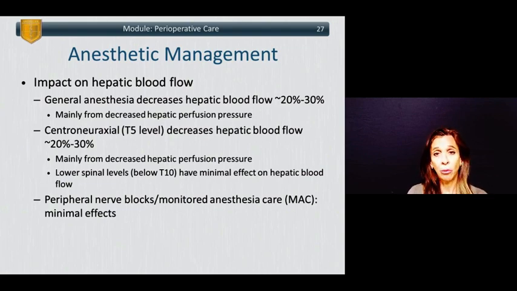Lower levels would decrease the perfusion less. And again, this is usually directly related to the arterial blood pressure. The lower levels below T10 generally have minimal effect on both blood pressure as well as hepatic blood flow. Peripheral nerve blocks and monitored anesthesia care typically have minimal to no effects.